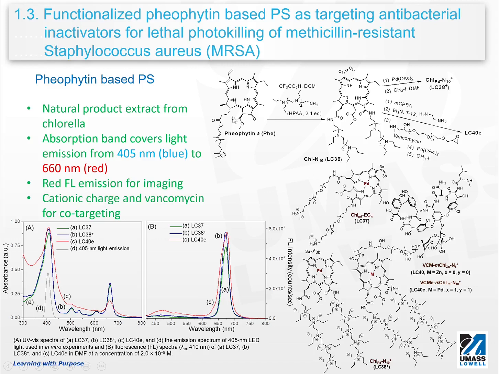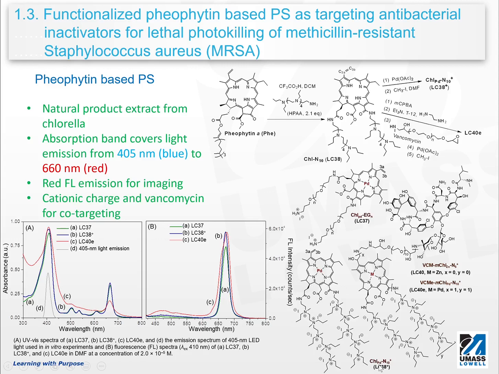So what we did based on the 15-based structure is we developed these three types of structure. For the first type, we connect two PEG chains with two cationic charges on the end, and we call this LC37. For this type of molecule, we connect two cationic amino chains to make them have a total of 10 charges on the whole molecule.